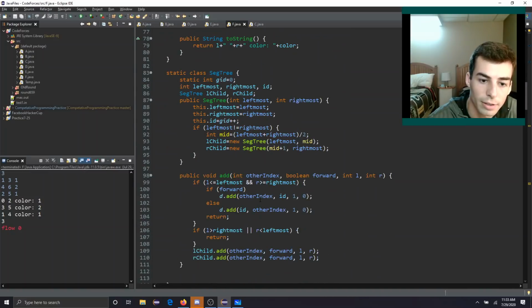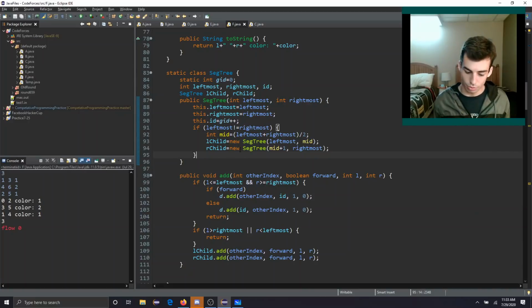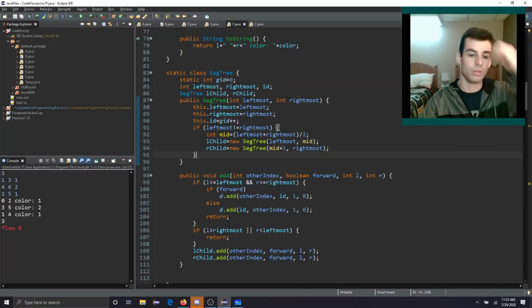Oh, yeah. Okay, so you can add edges between the trees. Yeah, okay.